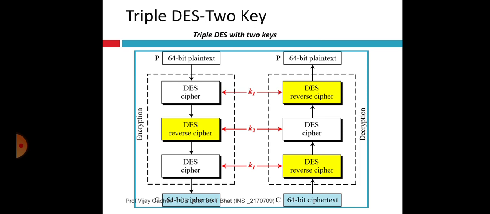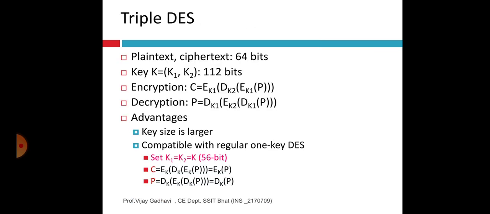Triple DES here looks the same as double DES, but the difference is key size. The plaintext and ciphertext are both 64-bit, with keys K1, K2, for 112 bits.